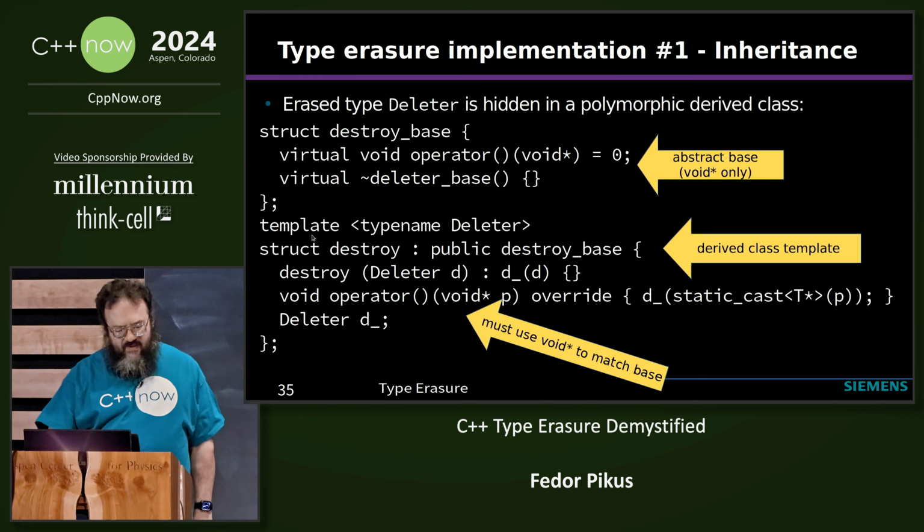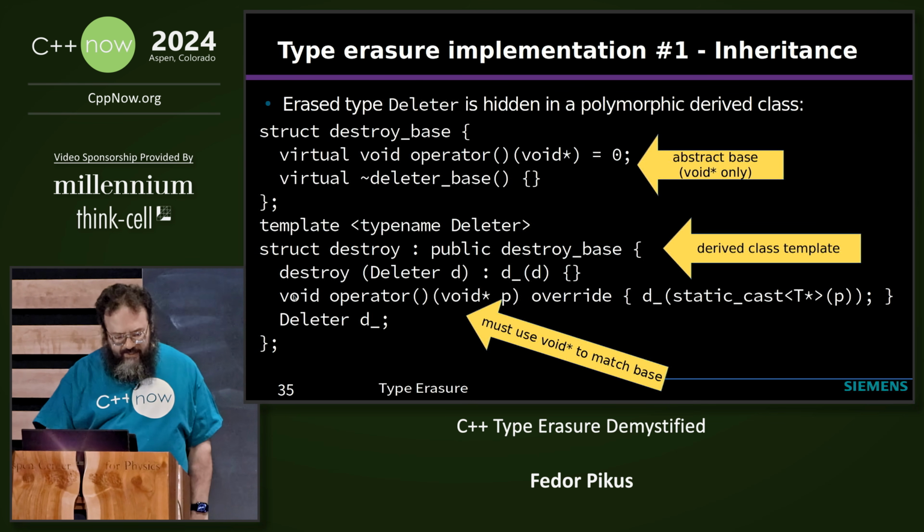Now I have a template class which inherits from this base, and it has to override. First of all, it has a constructor, and this template explicitly depends on the deleter type. The constructor saves that deleter, because deleter is a template parameter of my template, so I can have member variables of that type.